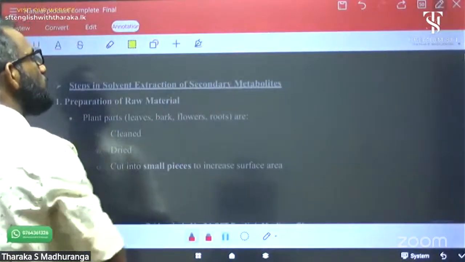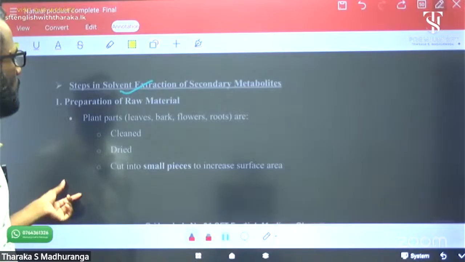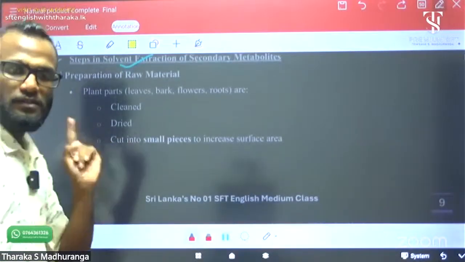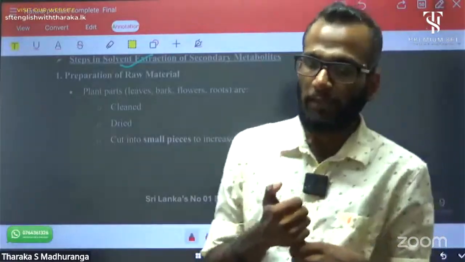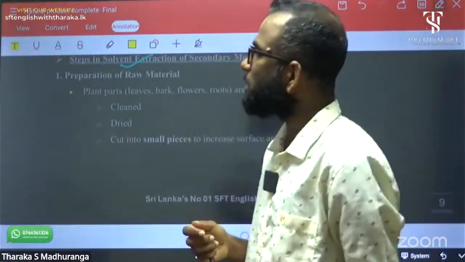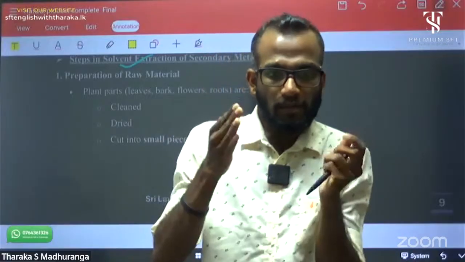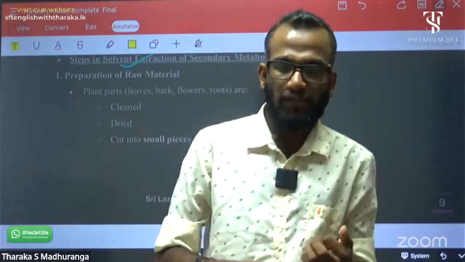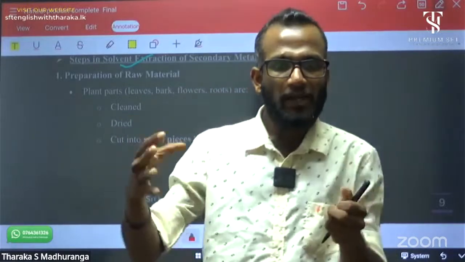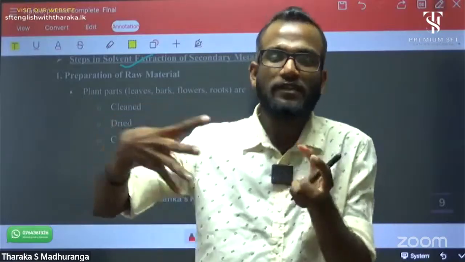This is the first one, solvent extraction of secondary metabolites. Our first step, which I have given step by step, is preparation of plant material. In the preparation of plant material, if we cut the plant material into small pieces, this is the kinetic chemistry we discussed, then the reaction surface area is greater.